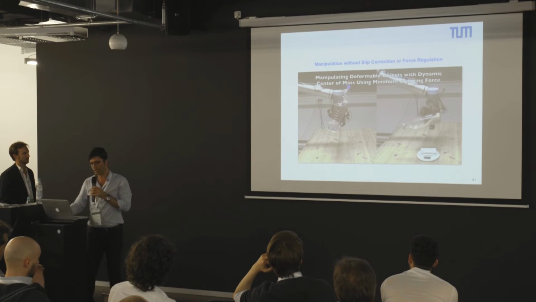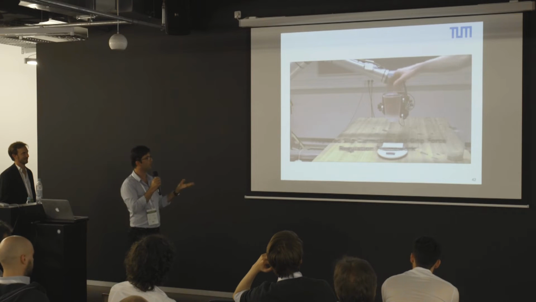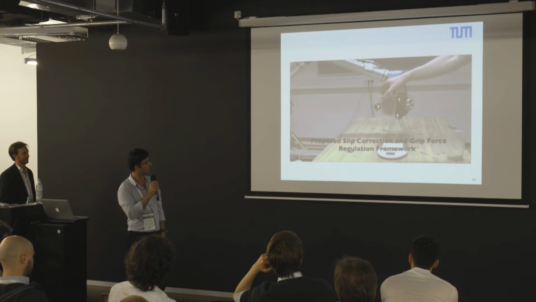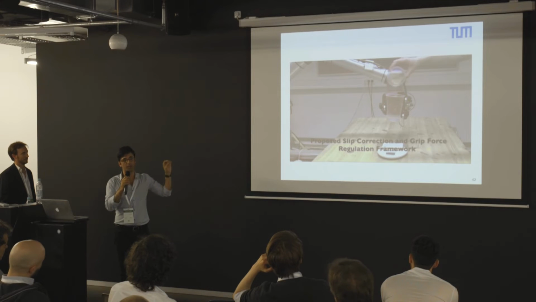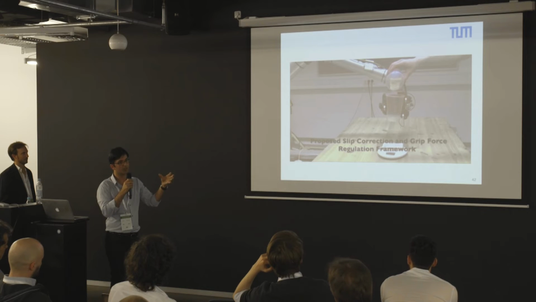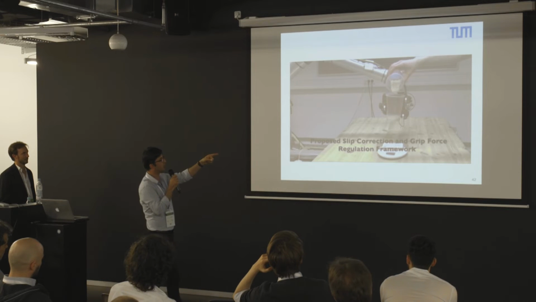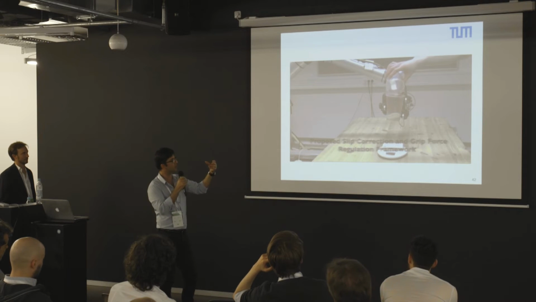So what we did here, we came up with some idea, and we also developed a slip detection and grip force method. This, I can tell you, is the most difficult task in robotics, because this is a fragile object, it's not hard, and the robot has to compensate to grasp the object without losing it and without smashing it.